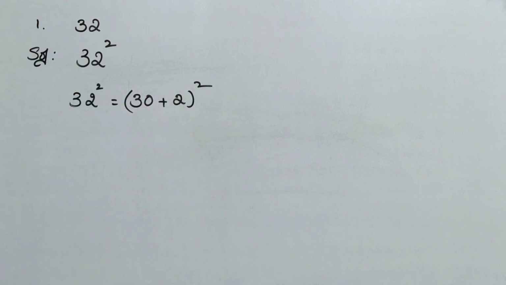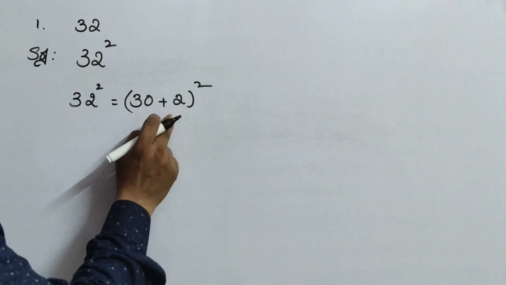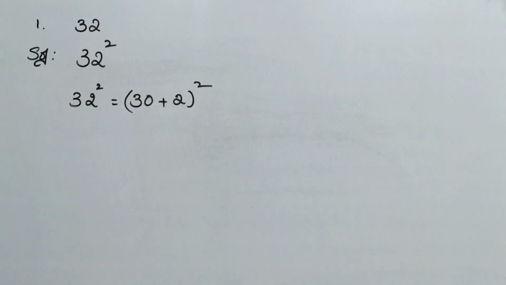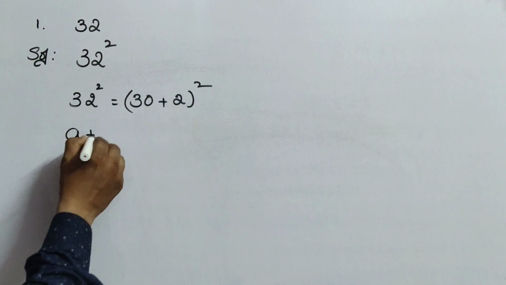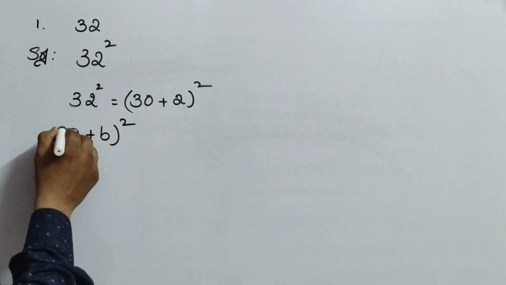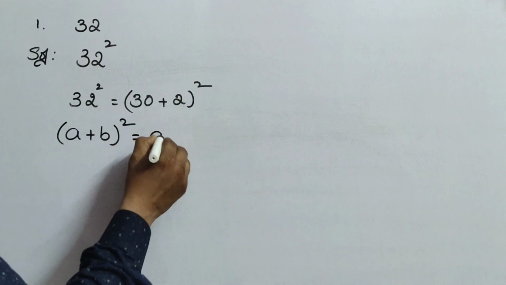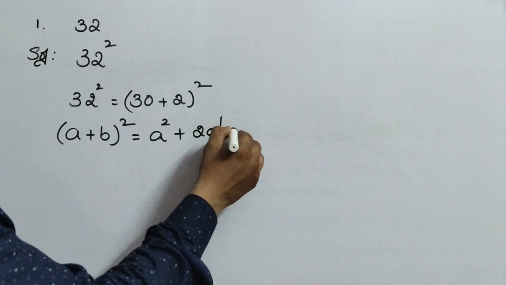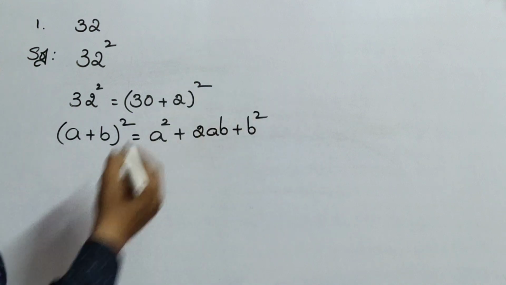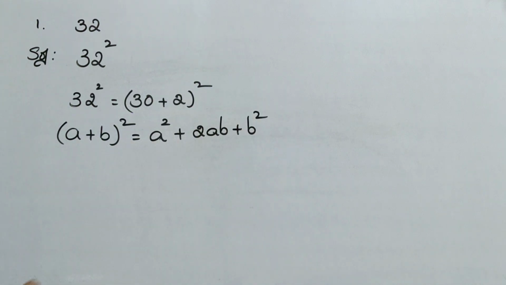It looks like a plus b whole square, that is nothing but a square plus 2ab plus b square.